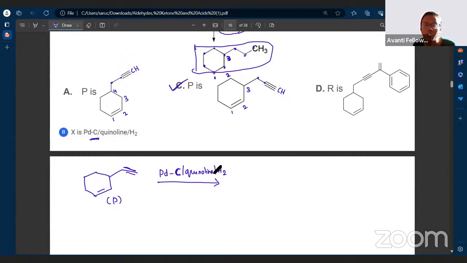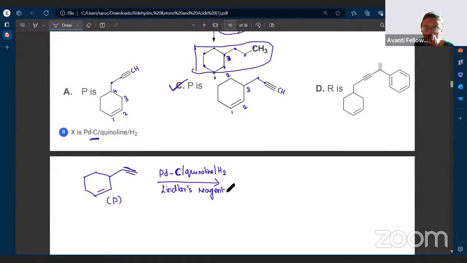You're doing hydrogenation in presence of the reagent. Palladium calcium carbonate, you would have started. Very good. Lindlar's reagent.